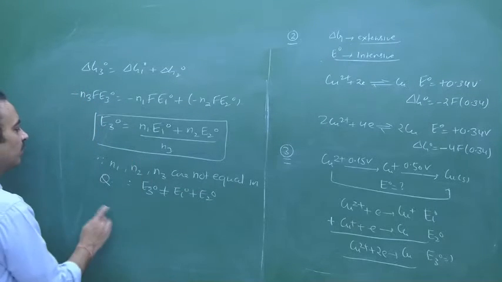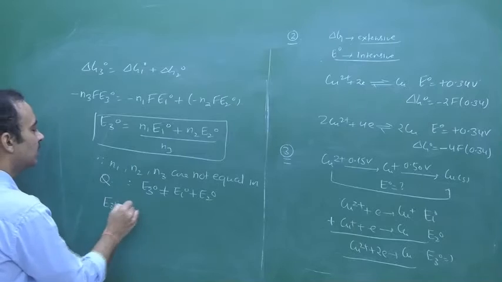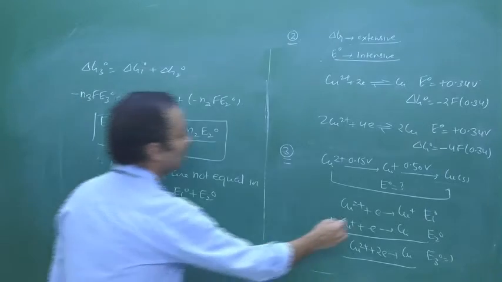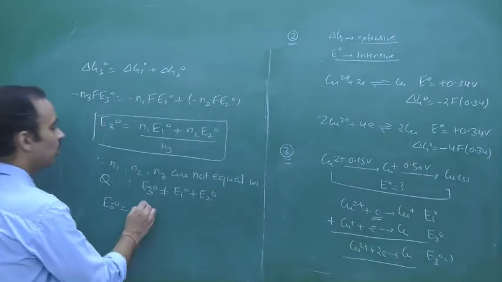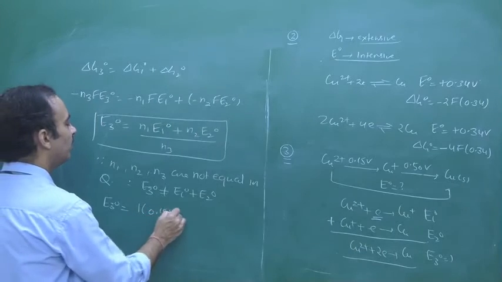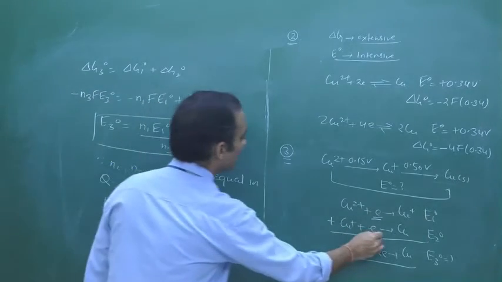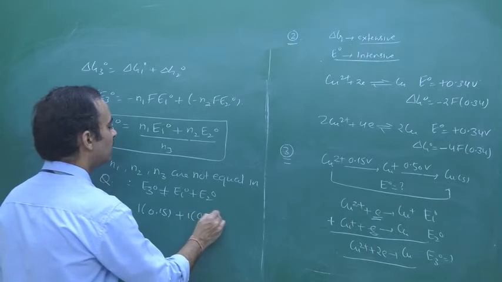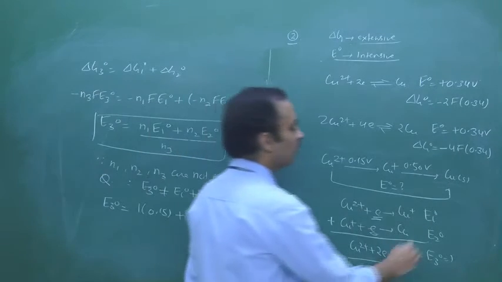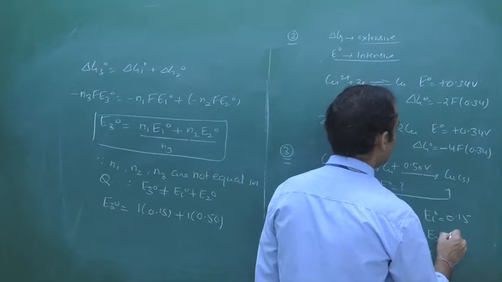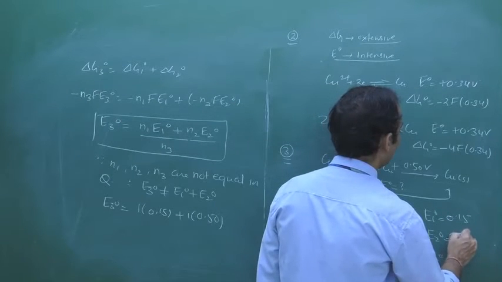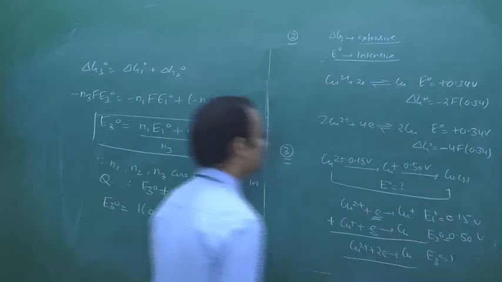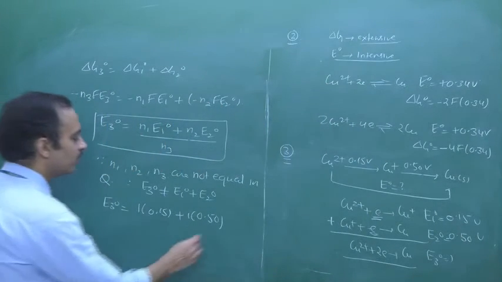Now let us put the values here. E3 naught is n1 is 1, E1 naught is 0.15, n2 is 1, E2 naught is 0.50. This was 0.15, this was 0.50. Now divide this with n3.